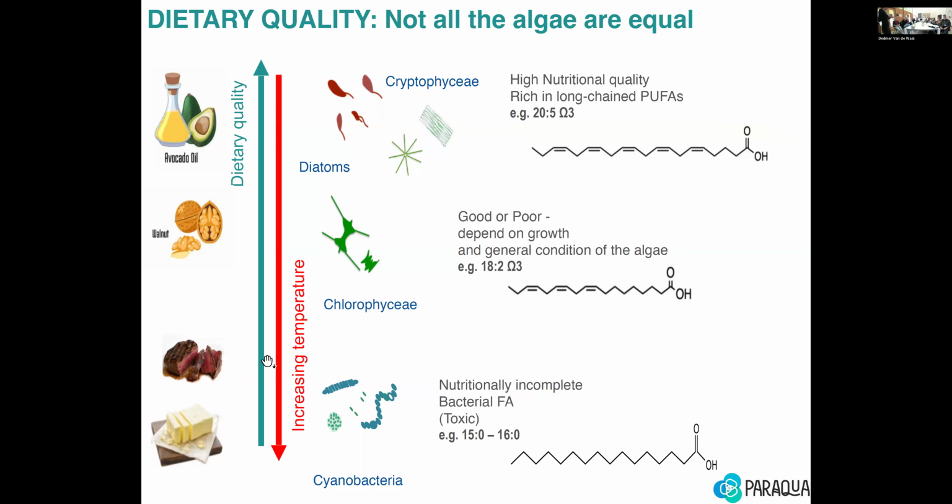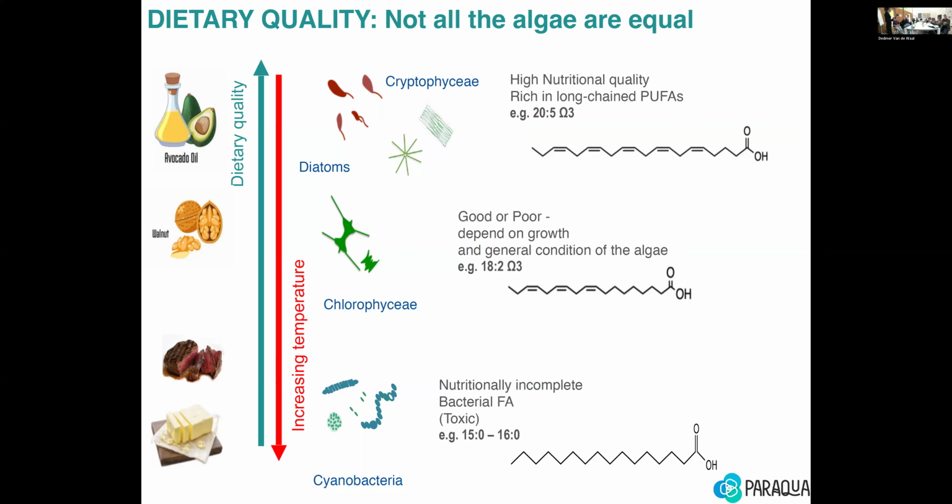The quality can depend a bit on the general condition of the algae, but in general, they are considered a good compromise. They grow quite fast. They are good as a lab food source for consumer models.